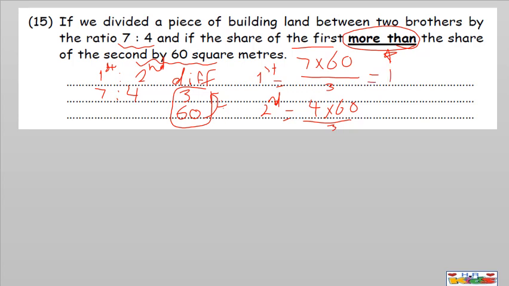So 7 by 20 equals 140. And the next one, 60 divided by 3 equals 20 by 4, so it will be 80.